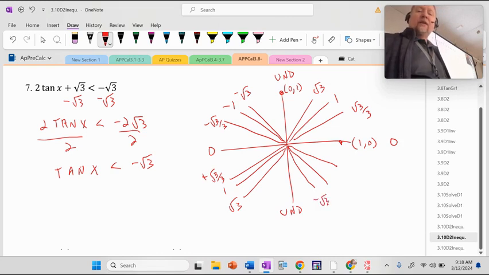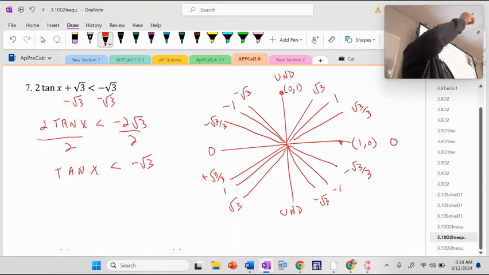Okay, this is a problem because the answers are from 0 to 2 pi again, and I need less than negative root 3. Again, negatives that are less than are negatives with greater numerical values.